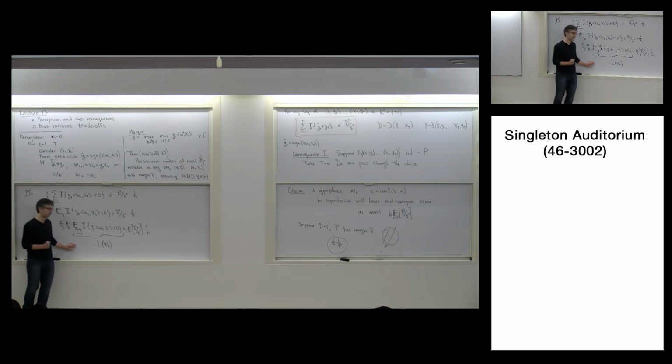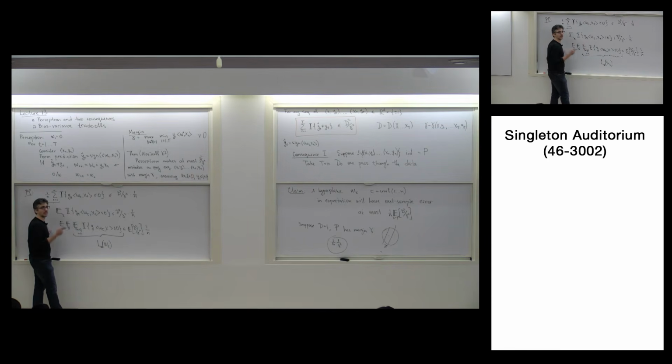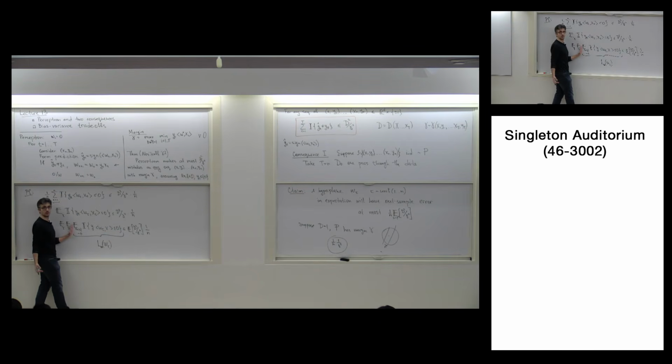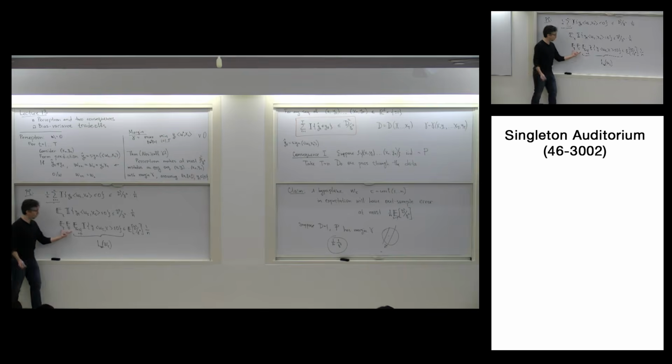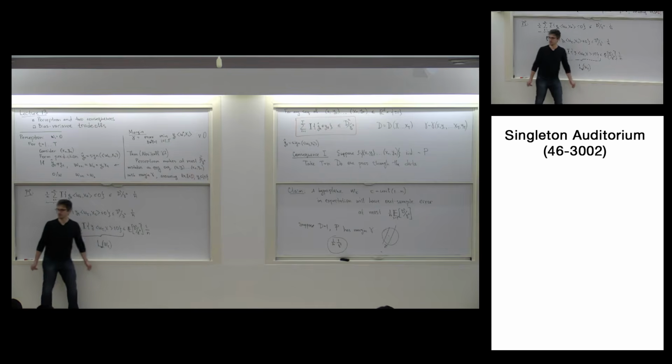Now I'm going to put a special symbol, a little 0,1, just to indicate that this capital L, the out of sample loss that we defined in the previous lecture, is with respect to an indicator. In particular, this is the probability of making an error. So the statement is saying that the probability of a mistake on a new sample, out of sample, by a randomly chosen hyperplane, on average, is roughly 1 over n times 1 over gamma squared.